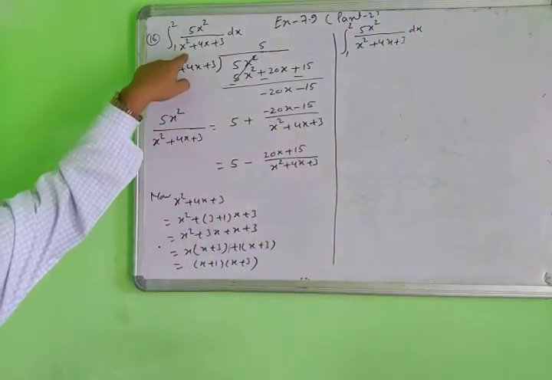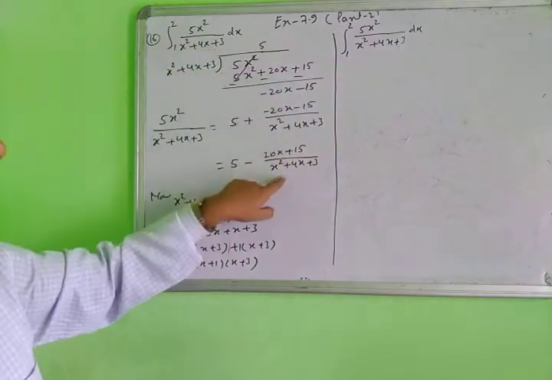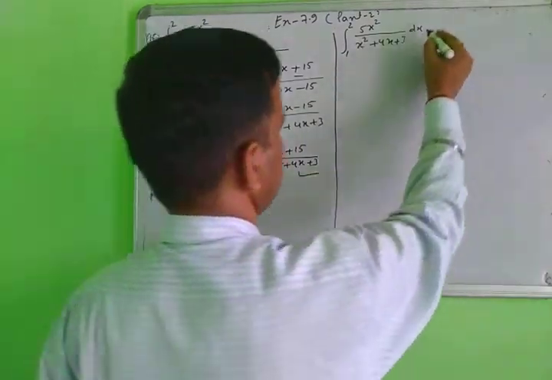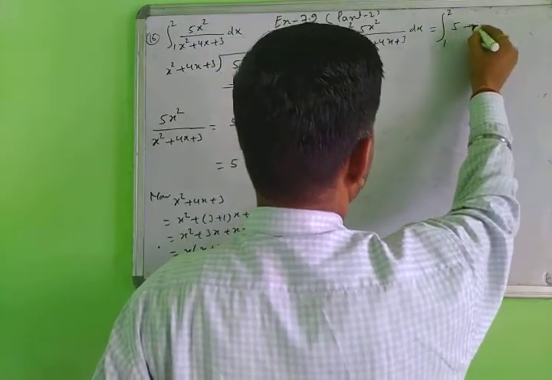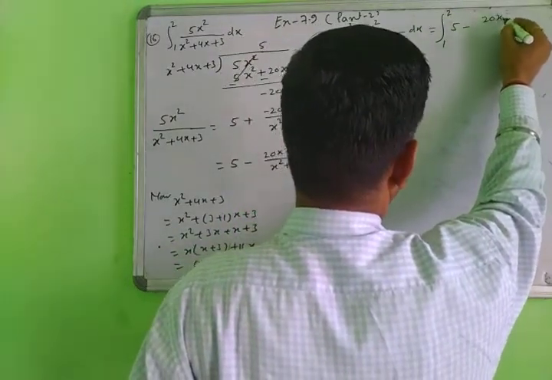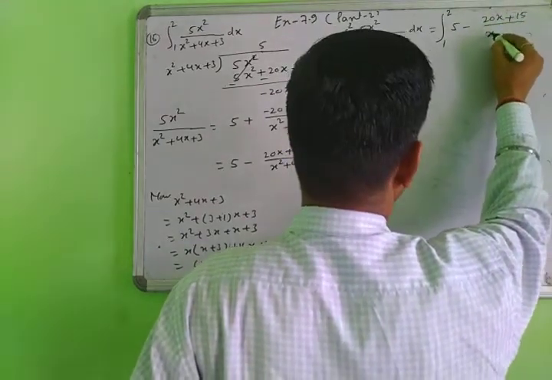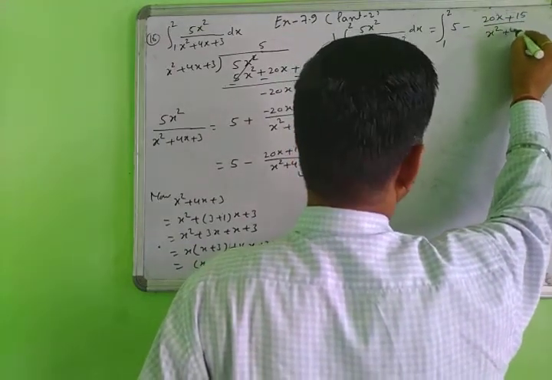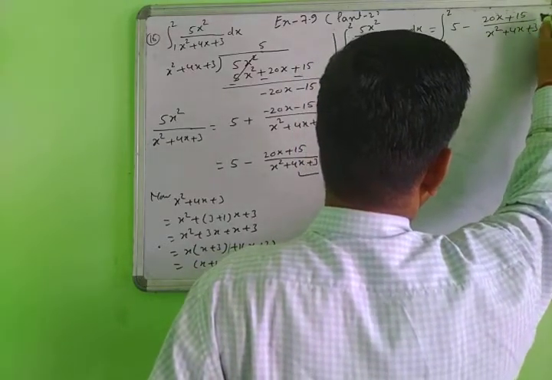You can write this question in this form: integration from 1 to 2 of 5 minus (20x plus 15) upon x square plus 4x plus 3, dx.